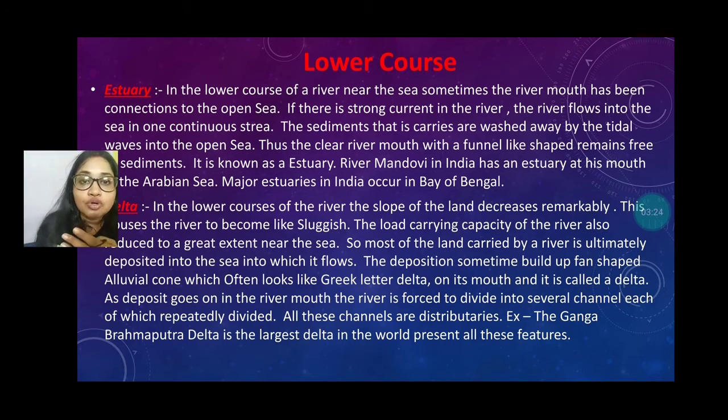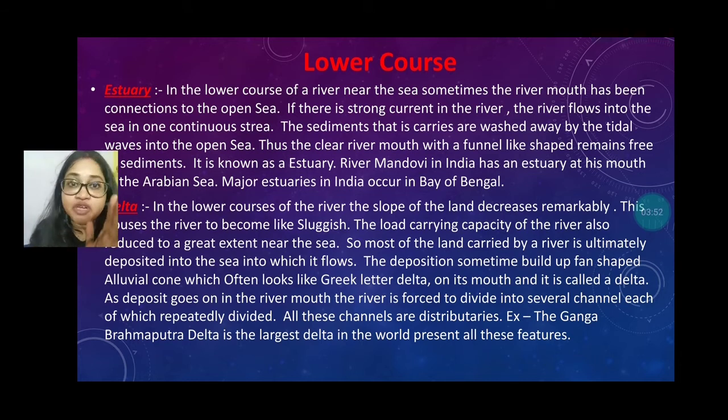Near that area the deposition sometimes builds up a fan-shaped alluvial cone which looks like the Greek letter delta, a triangle shape at its mouth, and it is called a delta. As deposition goes on at the river mouth, the river is forced to divide into several channels.